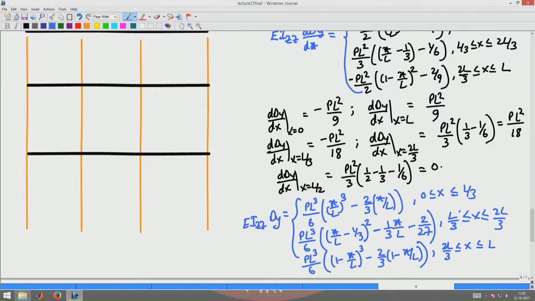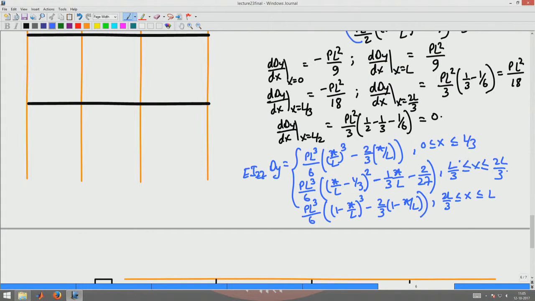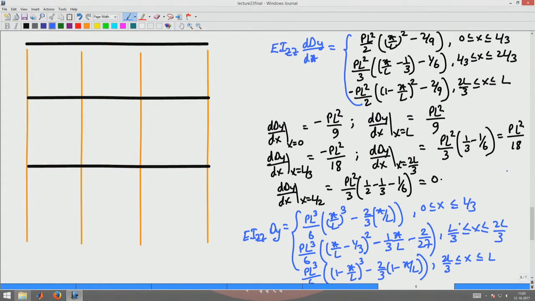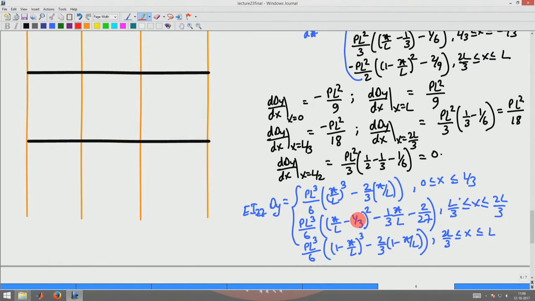Now we are interested in finding delta y. At 0, from this equation you can see that it is 0, and delta y at x equal to L is 0 from this equation. Okay. Then we are interested in finding delta y at L by 3, delta y at L by 2 and delta y at 2L by 3.